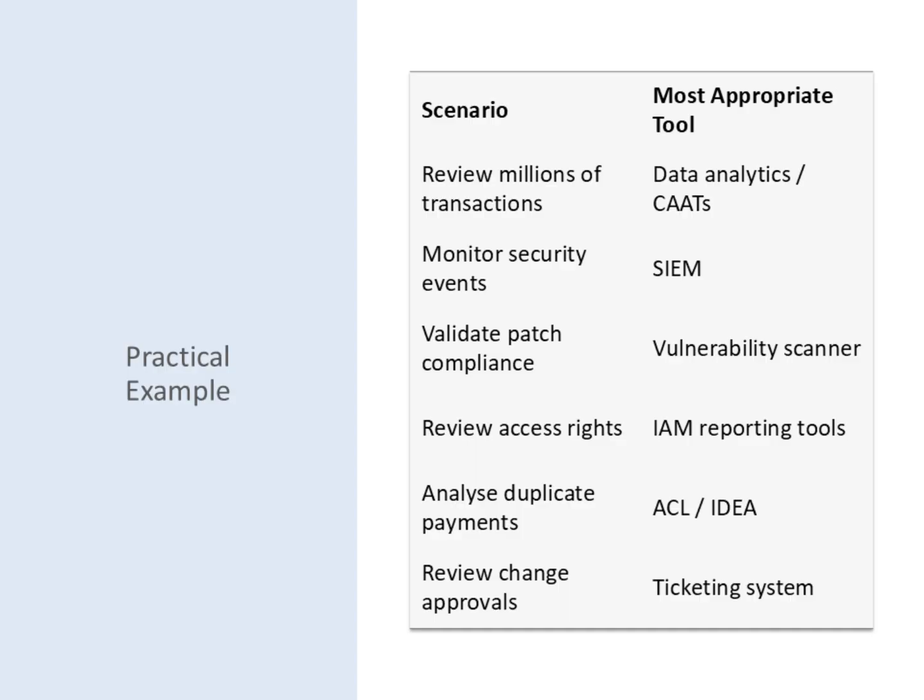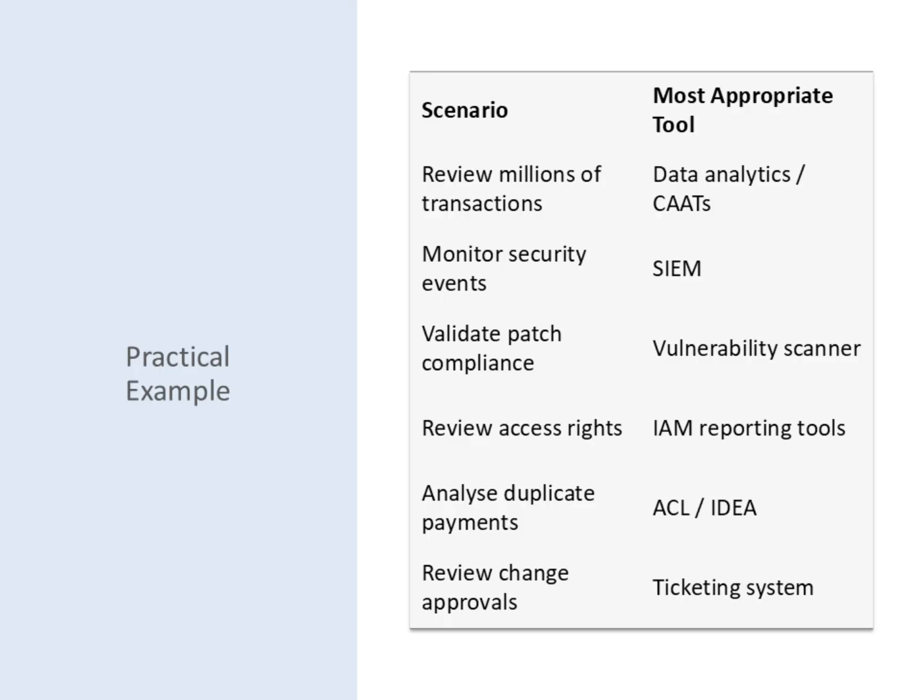If the objective is to validate patch compliance and identify missing updates, vulnerability scanners are typically the most effective tool. For reviewing user access rights and permissions, IAM reporting tools help auditors analyze access assignments, privileged accounts, and segregation of duties issues. When investigating duplicate payments or unusual transaction activity, ACL or IDEA tools are commonly used for detailed audit analysis and anomaly detection.